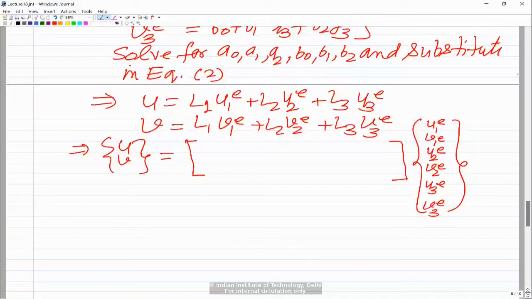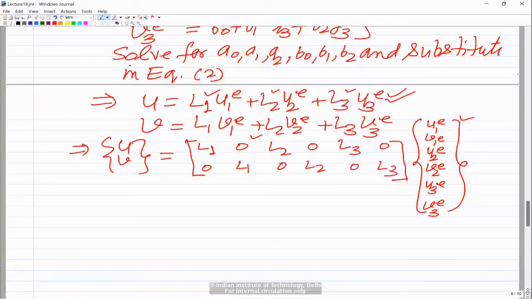Now you know u is L1 into U1 plus L2 into U2 plus L3 into U3. So now we want to fill up this matrix in such a way that when we multiply this interpolation matrix with this vector of elemental degrees of freedom, we should get this expression. So for that we should have L1 here, 0, L2, 0, L3 and 0, and then here 0, L1, 0, L2, 0, L3.